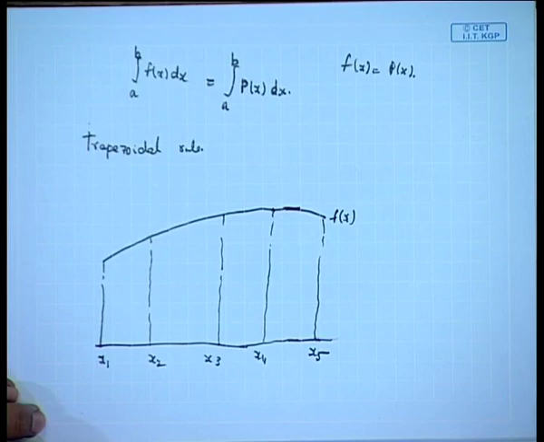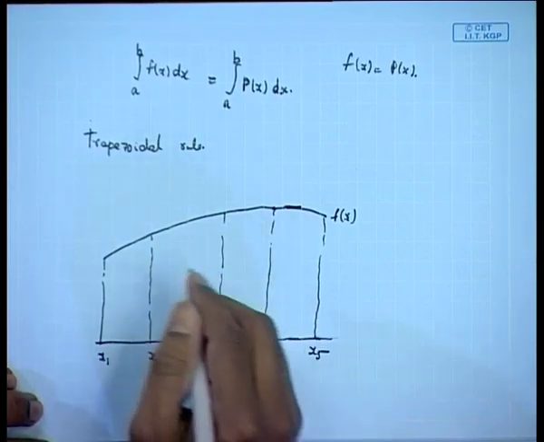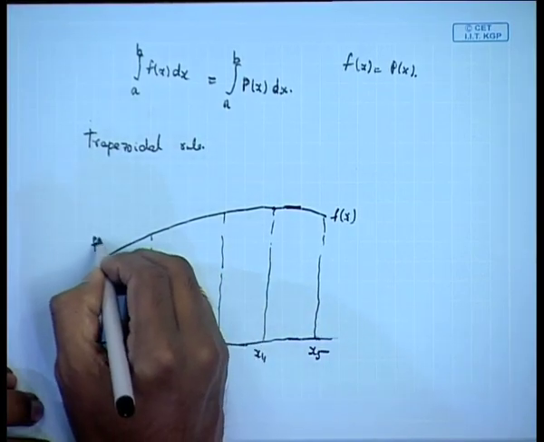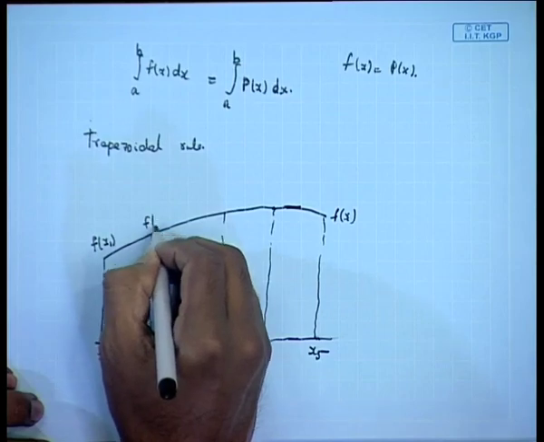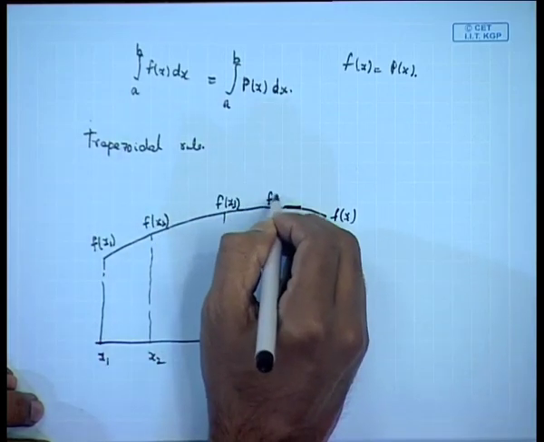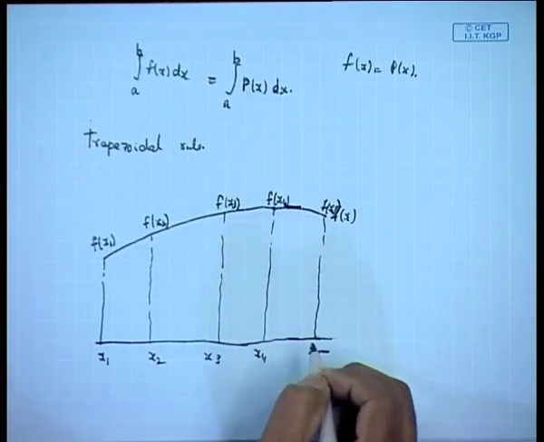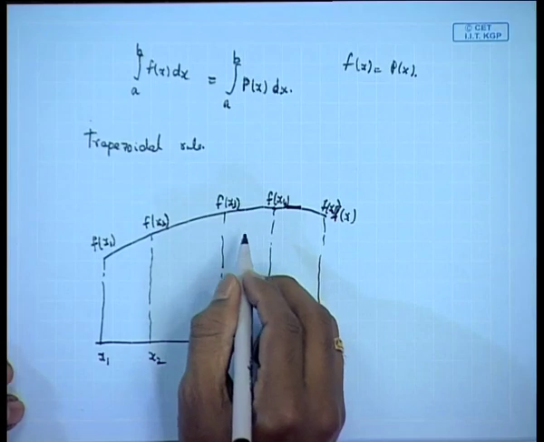These are the different x_i values, and they have the corresponding values f of x1, f of x2, f of x3, f of x4 and f of x5. So, these are the different values of f of x.